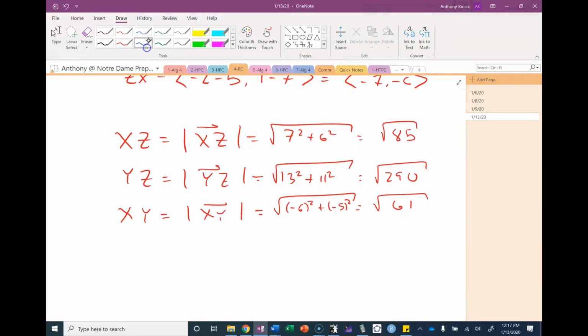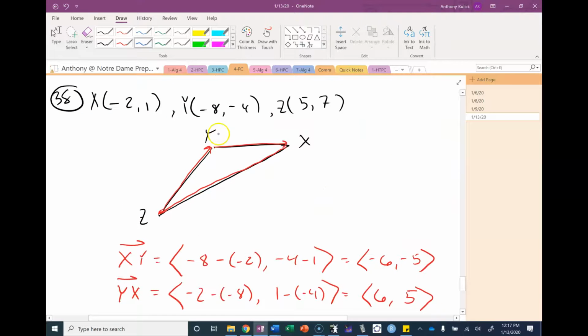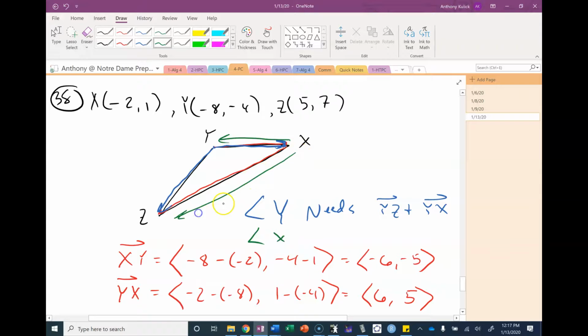Yeah, and here's why, Kendall, is if I go back to my picture here, let's find angle y first. So to find angle y, I need yz and yx, right? Okay with that idea? But to find angle x, I'm going to need xy and xz.